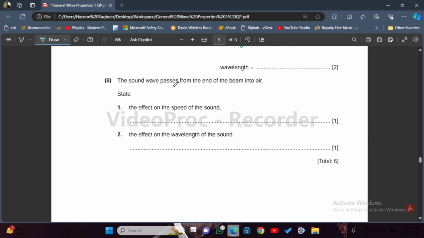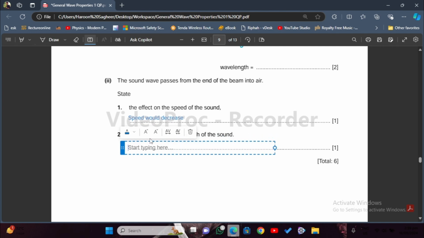Now the sound passes from the end of a beam into the air. The effect on the speed of sound: speed of sound would decrease, of course. Speed would decrease. The effect on wavelength: wavelength would decrease as well.